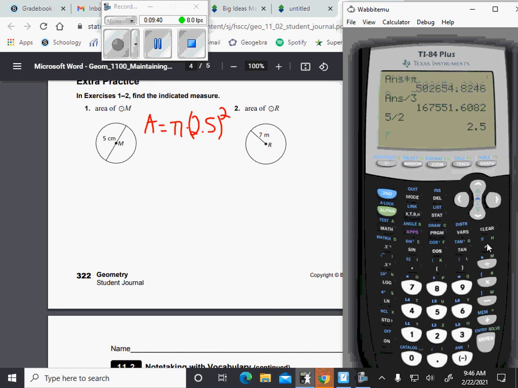So we square that, which is 6.25, and then multiply by pi. You get 19.6, and it's in centimeters, so centimeters squared.